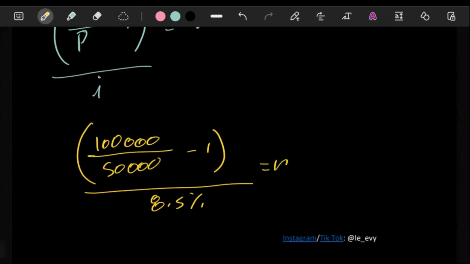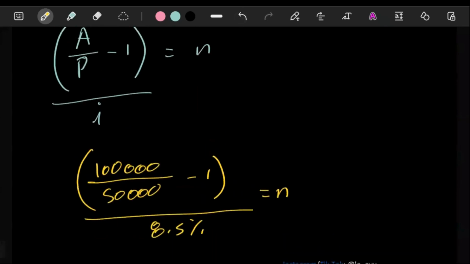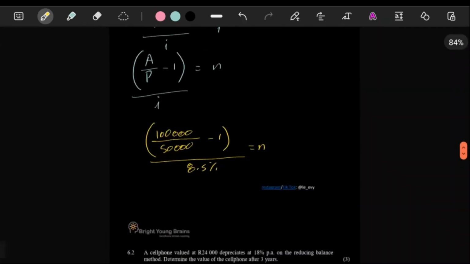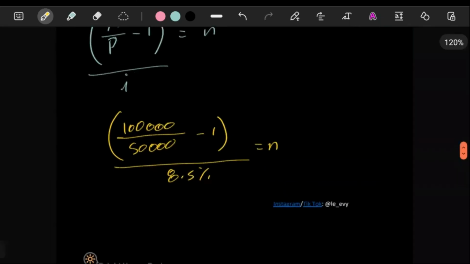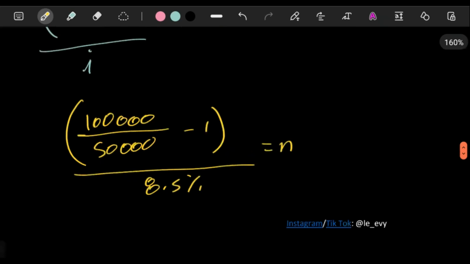Remember, the percentage symbol, you do have to put it in your calculator if you want to use the number 8.5. But if you want to use 0.085, that is 100% okay. So let's put this in the calculator. Remember, the first thing we have to do is press the fraction button.